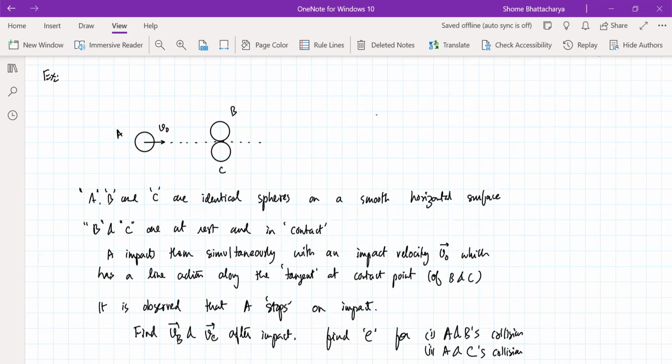Try to figure out the geometry of their contact. When they come in contact, how will the center to center lines look? That will give you the direction in which the impulses are.